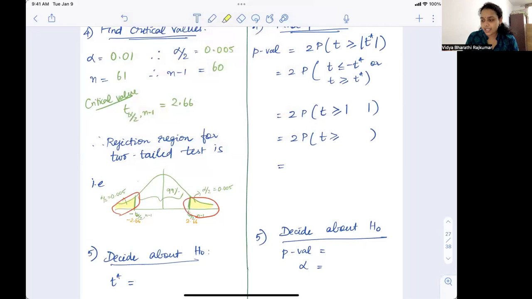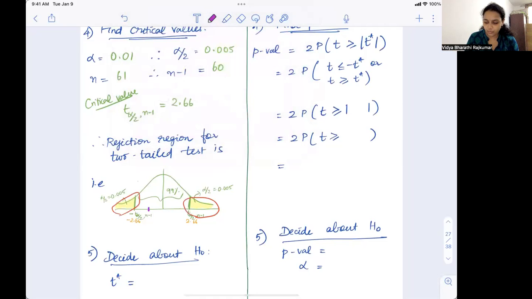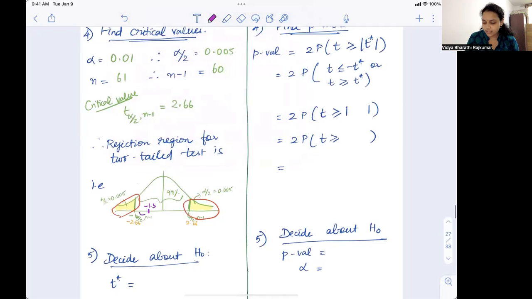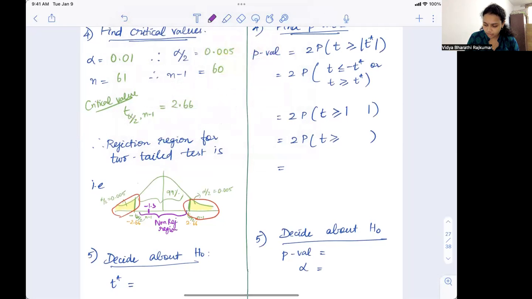Now, our T stat value, our T star, is minus 1.3. That's somewhere here. So essentially, this is our non-rejection region, and these are my rejection regions.